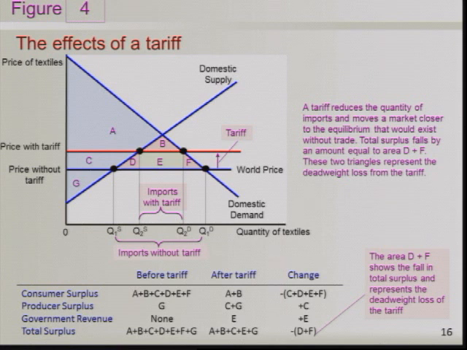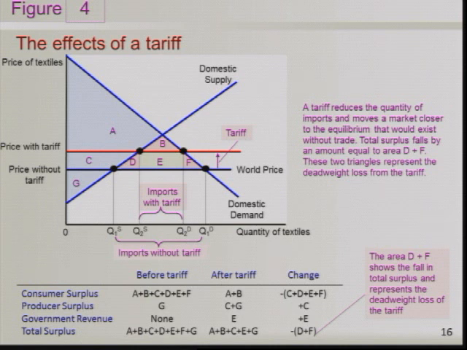So that's going to include areas A, B, C, D, E, and F. This is before the tariff, with trade. Producer surplus with trade and without the tariff will only include that triangle G.